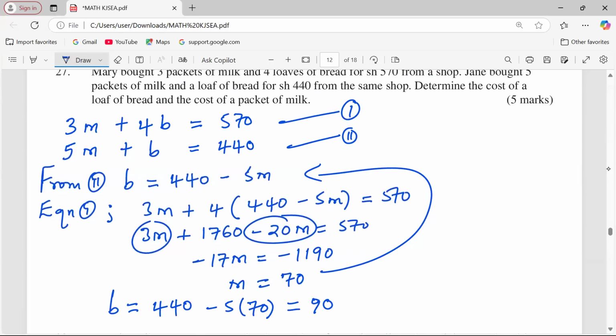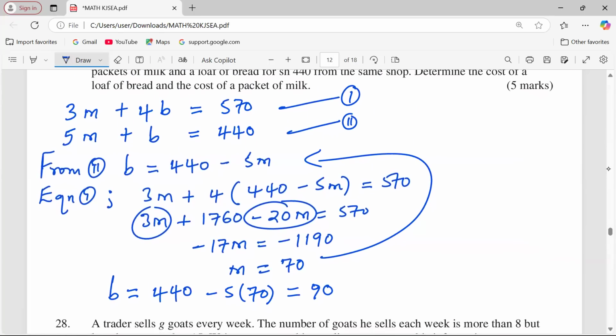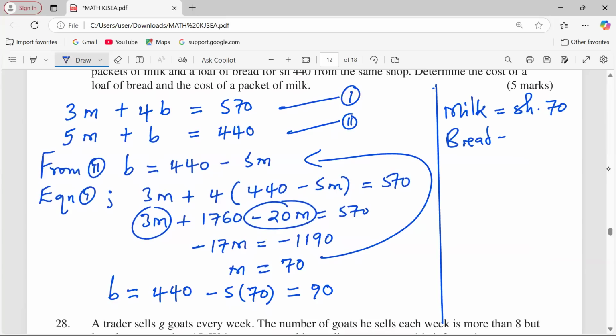So with the value of M and the value of B, we can say that a packet of milk costed 70 bob, then a loaf of bread, that was B, costed 90.